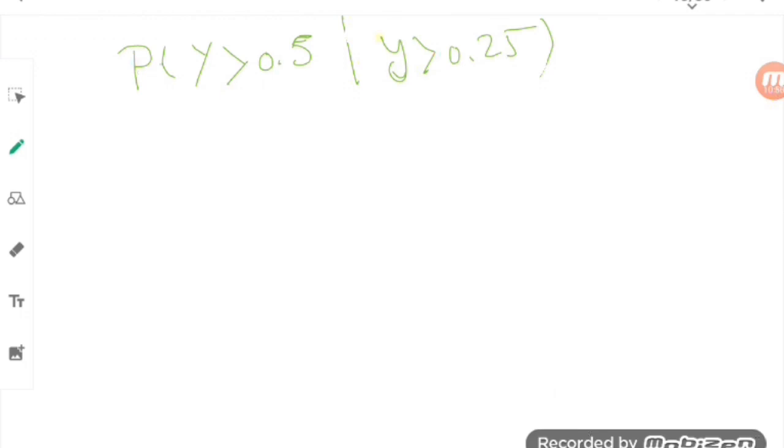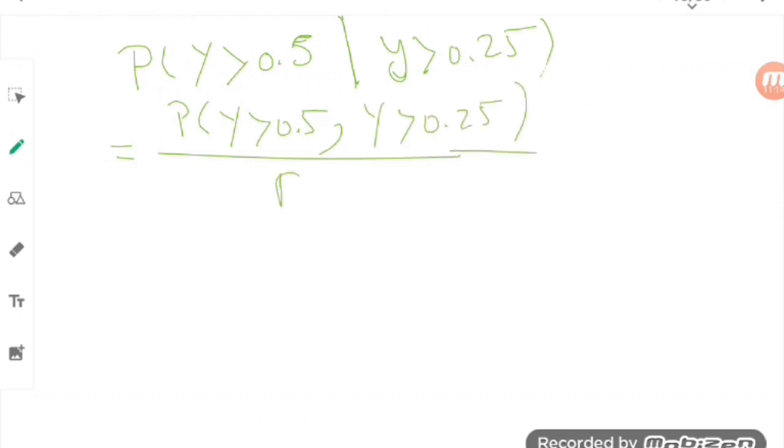Okay, by the definition of conditional probability, this means the probability that y is greater than 0.5 and at the same time y is greater than 0.25, divided by the probability that y is greater than 0.25.